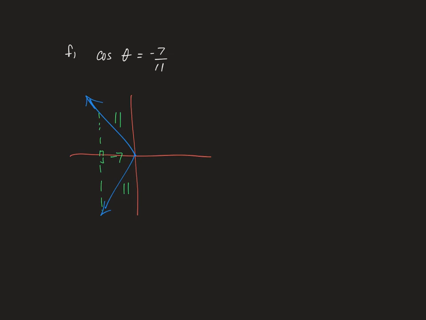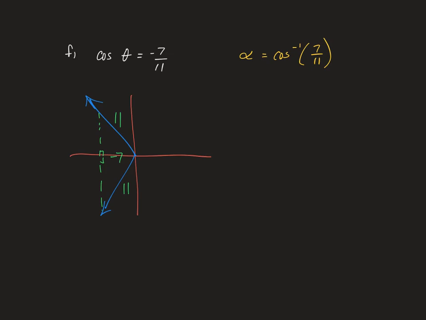In that instance, I could go through and find that other side, but I don't need it. As long as I say that my related acute angle is the inverse cos of positive 7/11.